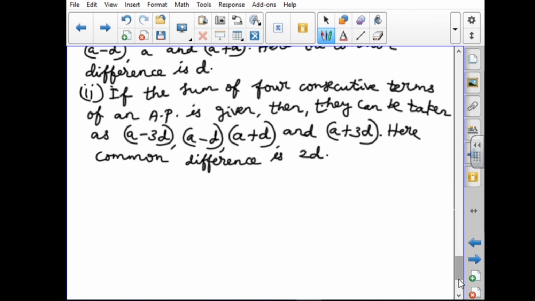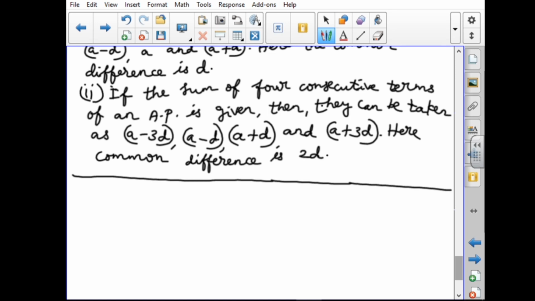Their common difference is d. The second note, the four consecutive terms of an AP are a minus 3d, a minus d, a plus d and a plus 3d, here the common difference is 2d. This note is very important. Suppose they ask three consecutive terms, means you have to use the first note. If they ask the four consecutive terms, means you have to use the second note.